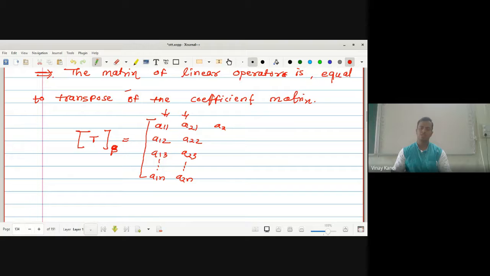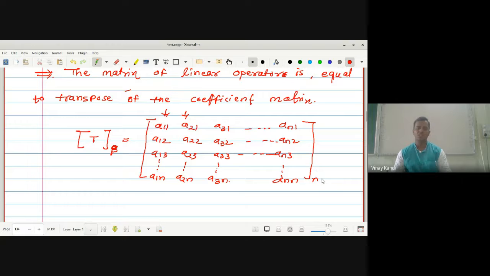Similarly A31, A32, A33 up to so on A3n, and the last one is AN1, AN2, AN3 up to so on ANN. How many rows are there? 1, 2, 3 up to so on n. So n rows are there.